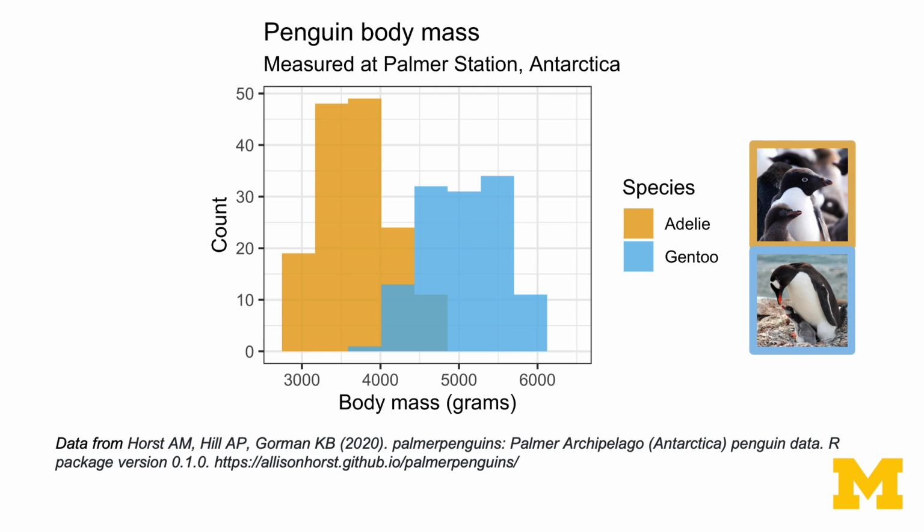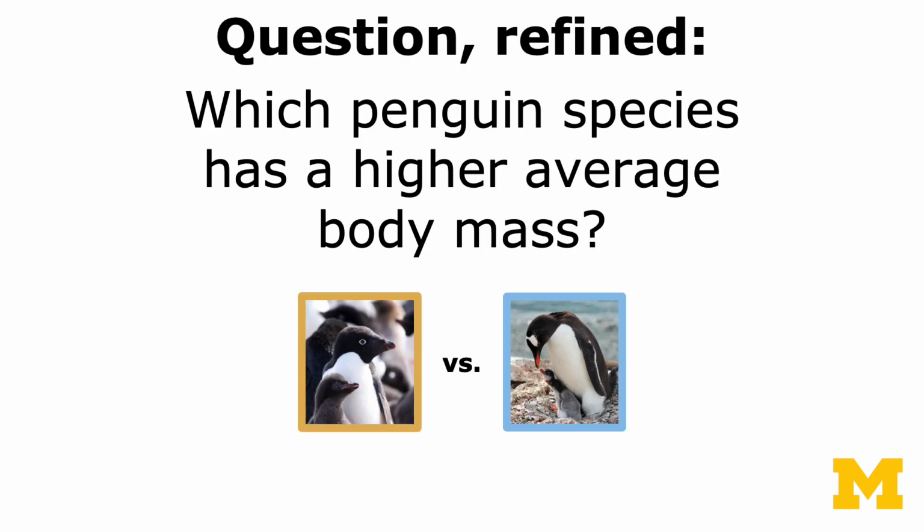And we know the mean is a pretty useful summary in this case because these are nice and roughly symmetrical distributions. They don't have very long tails. So our plan then is actually to answer this question. We can estimate the mean of each of the two penguin species and then compare which mean is bigger.